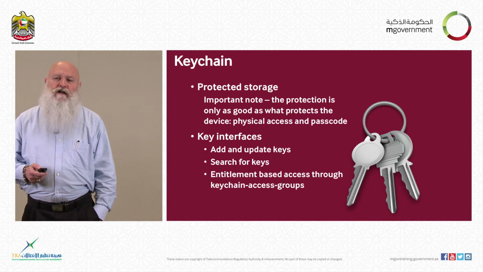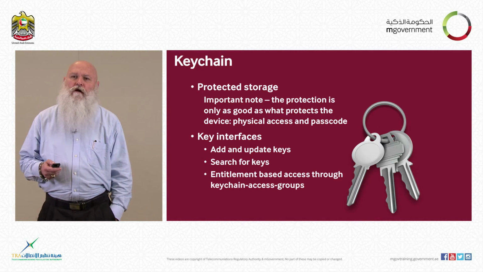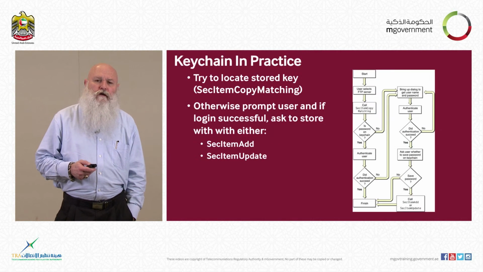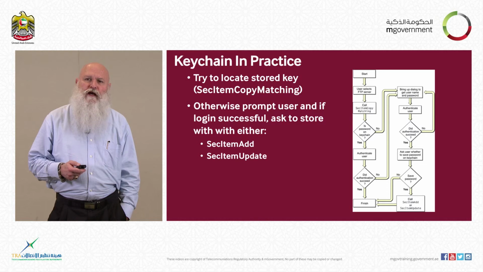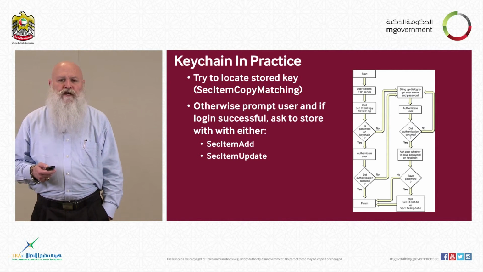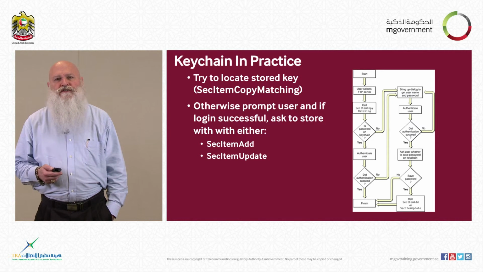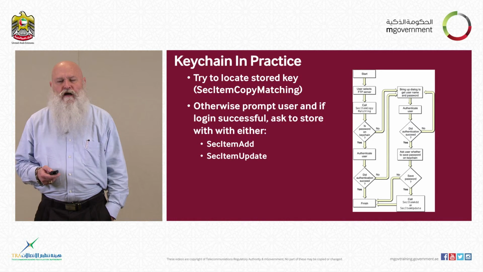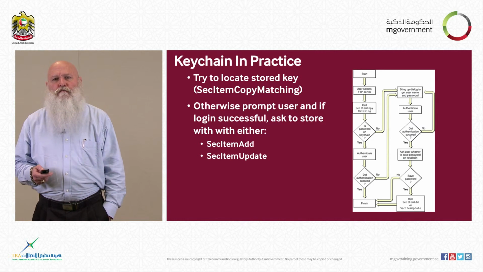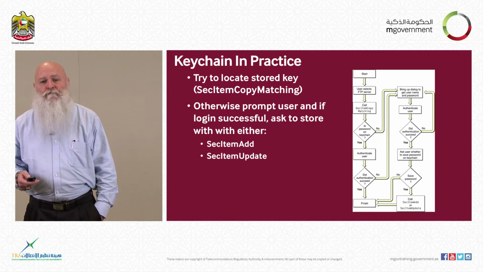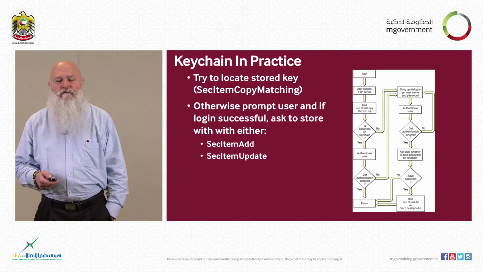The keychain provides protected storage for credentials, login and password pairs. Here's how it works. When a user tries to log into an application, in this example an FTP remote server, the keychain will intervene and check to see if it has a previously stored login password pair. If it does, it will supply the login and password to the remote application. If the login is successful, control is returned to the user.